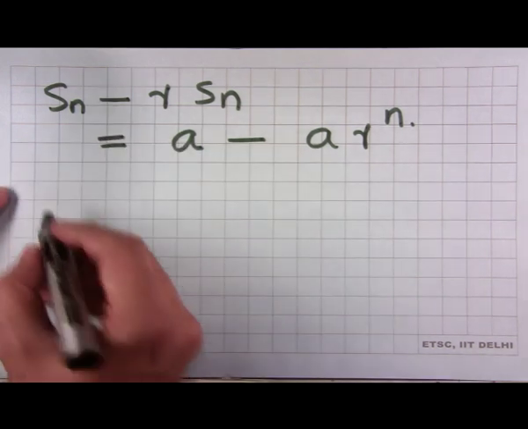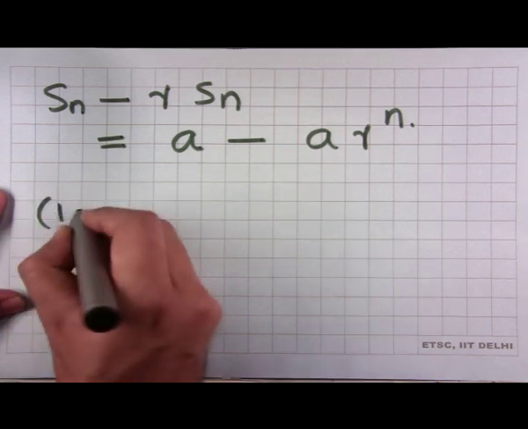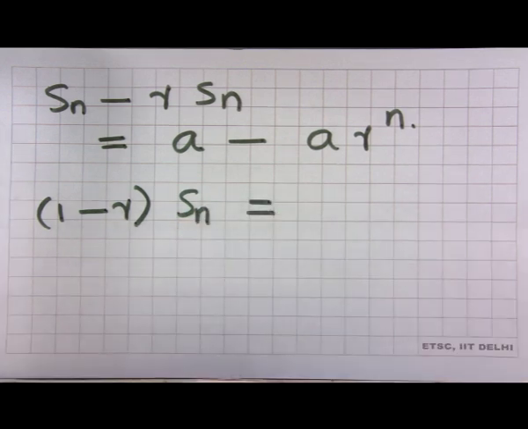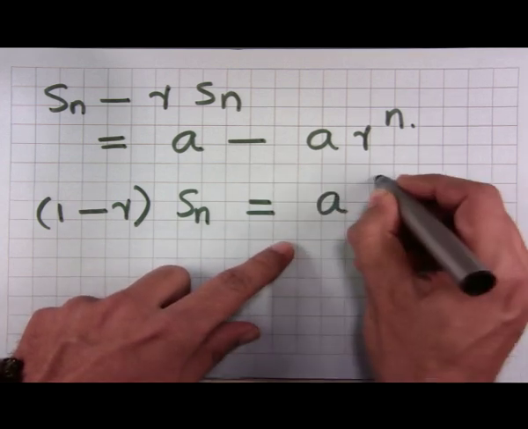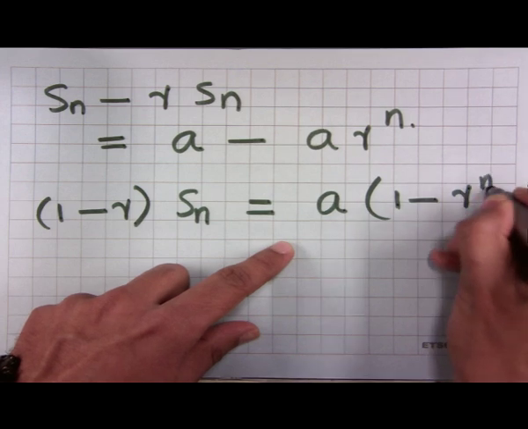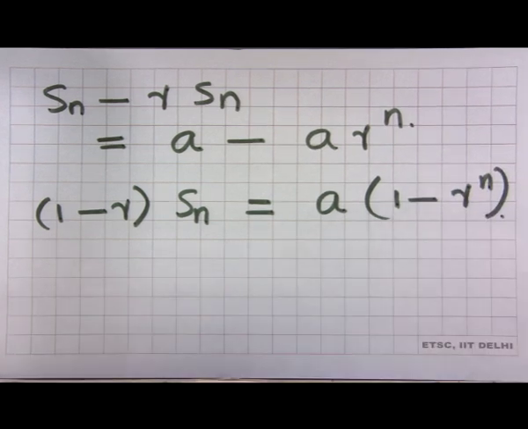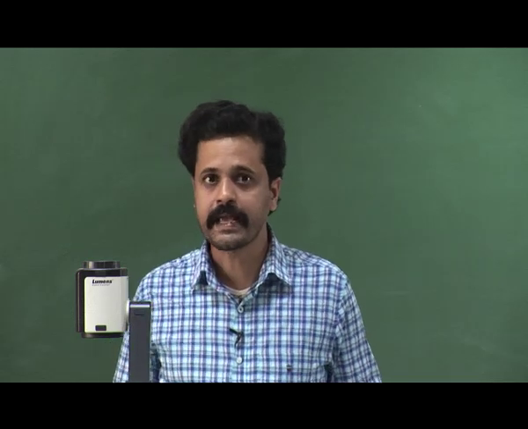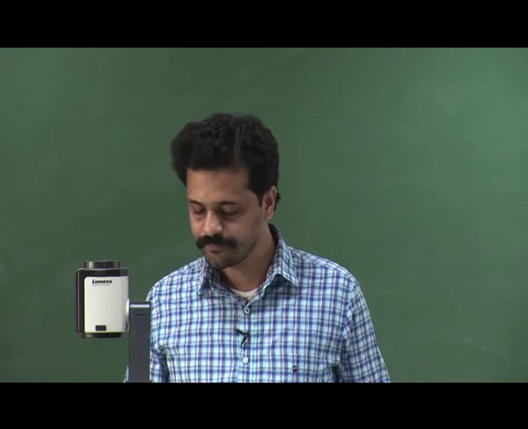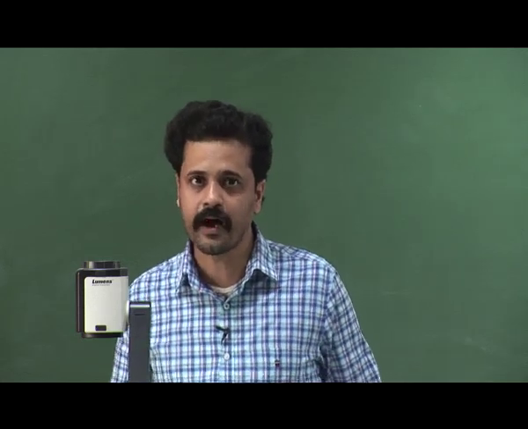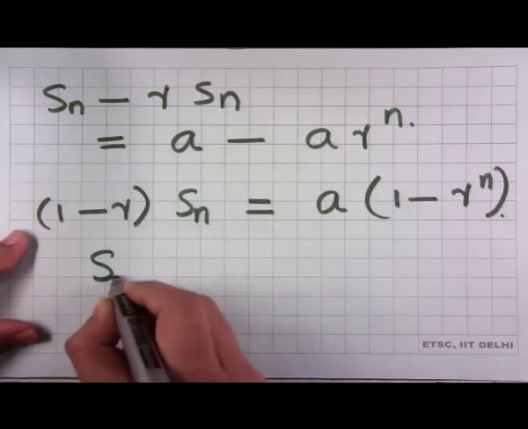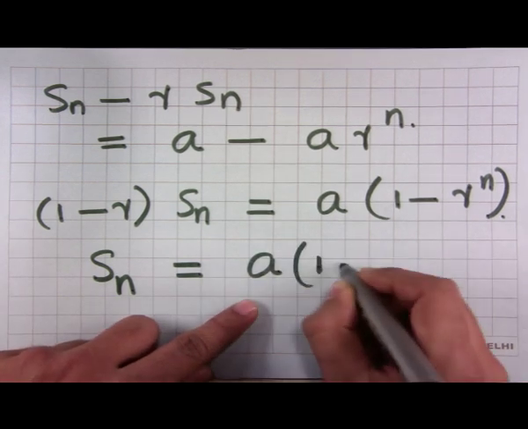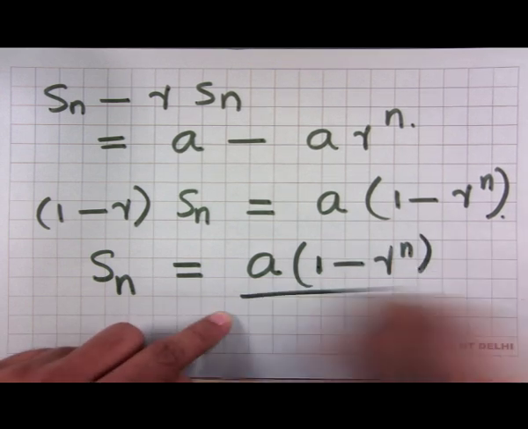The left hand side boils down to 1 minus r times Sn, and the right hand side can be simplified to a times 1 minus r power n. From this we can easily isolate Sn. Recall that by assumption r is not 1, so division by 1 minus r is possible. Doing so, we get Sn is equal to a times 1 minus r power n by 1 minus r.